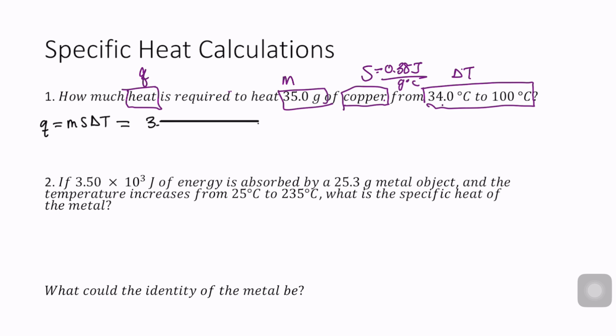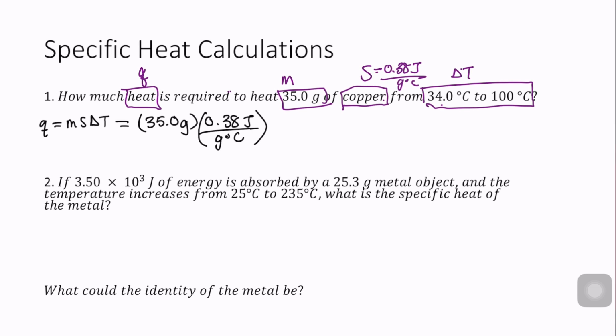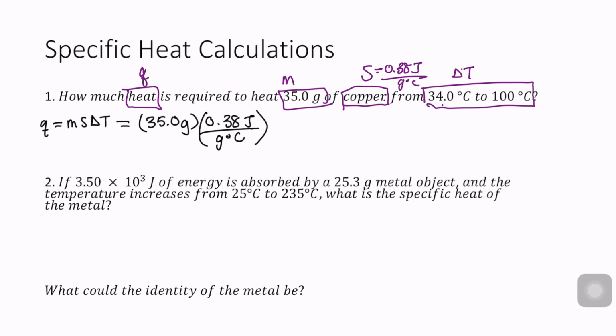We have 35.0 grams. And then I can multiply that by my specific heat, and then I can multiply that by my delta T. Now, you can either calculate the delta T prior to plugging it in, or you can just plug it in and calculate it as you go.